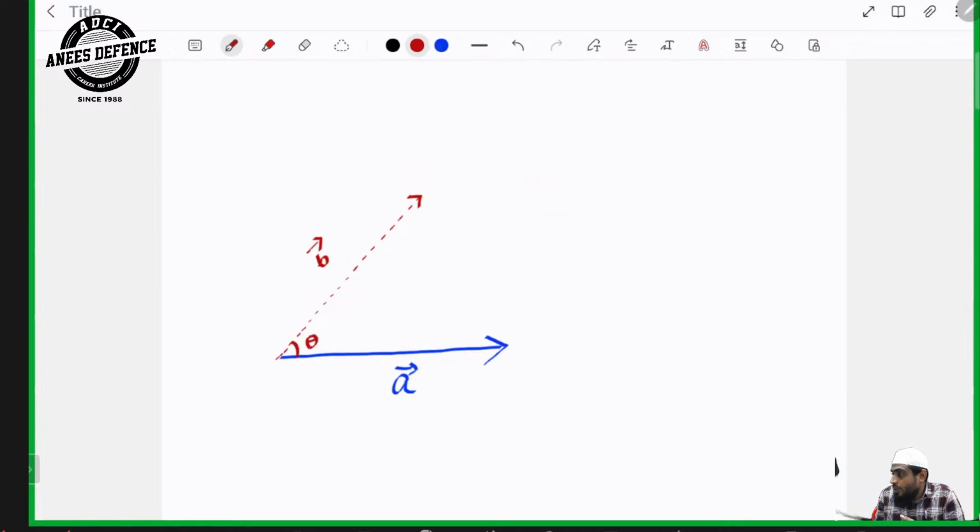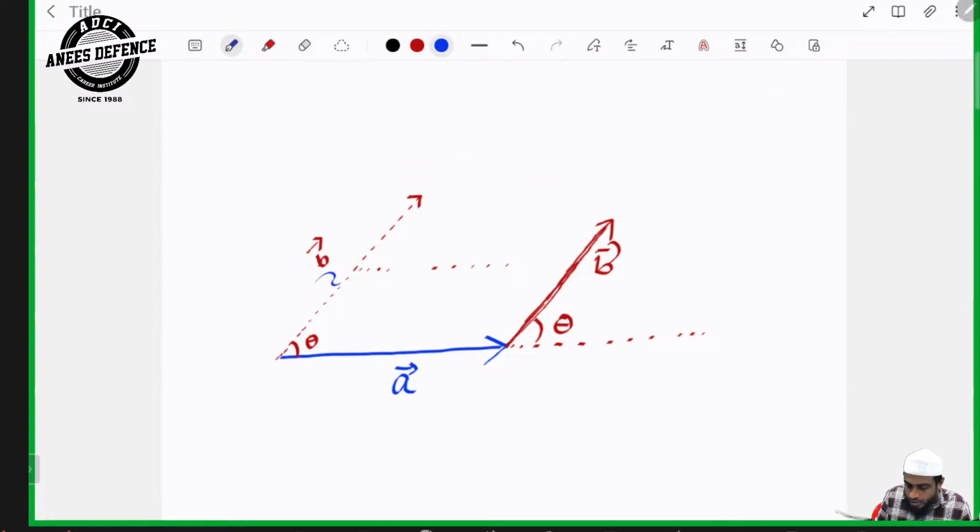But I am dealing with free vectors. So this vector can be taken anywhere in this space without changing the magnitude and direction, hence the name free vector. So I will transfer this vector to this point. The angle between the two vectors remains the same, theta.